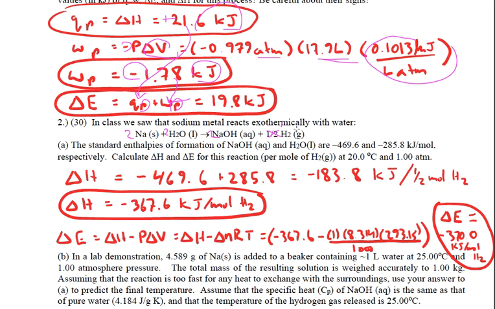Okay, so once you do that, then for delta H0 of formation, for delta H, we take the delta H0 formations of all the species, and so we start with the products and drop in the value for sodium hydroxide, and that one is right there. And so if you're going to do it the way I have it set up there, there's now 2 moles of that, so you would multiply through by 2.